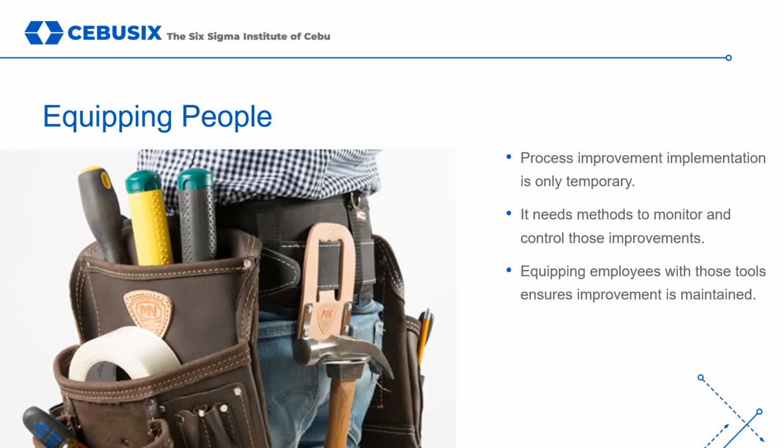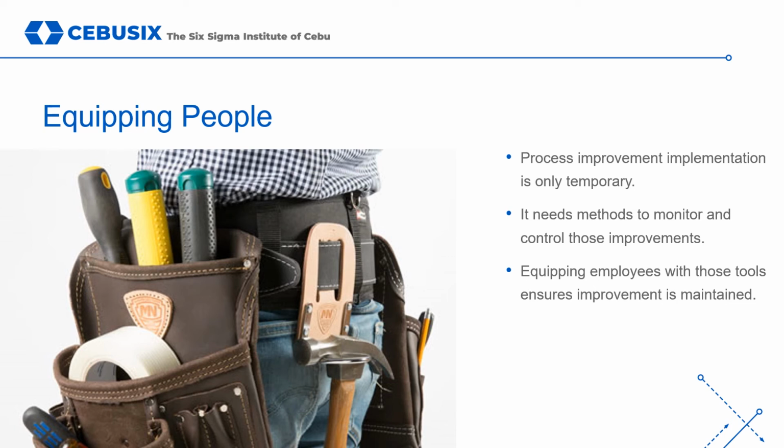Implementing improved processes is a temporary measure unless organizations equip the employees who work directly with the processes with the tools and training needed in order to monitor and maintain those improvements. In most organizations, process improvement is a two-pronged approach.